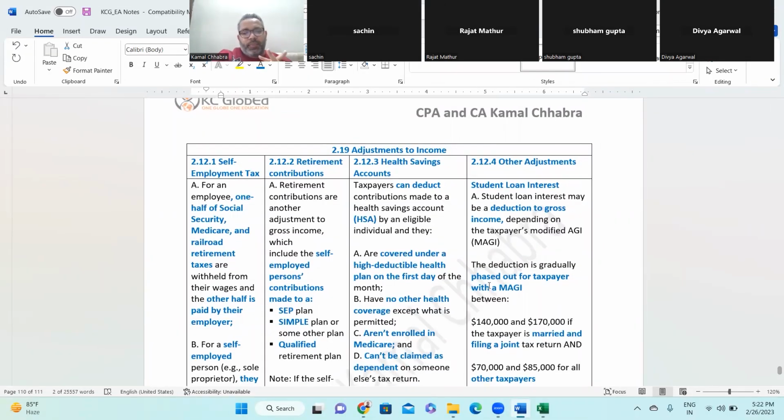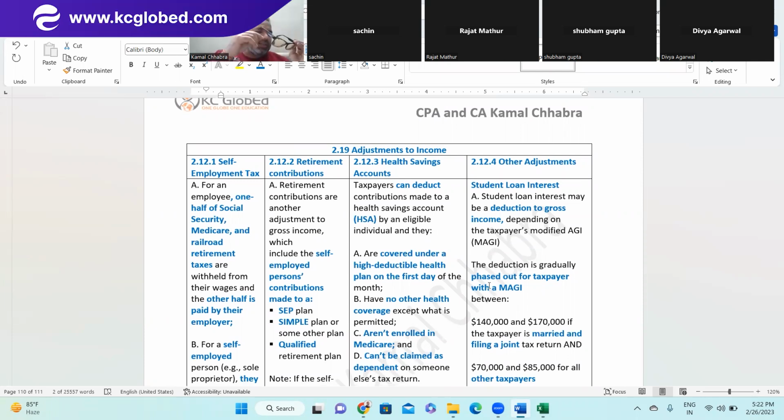First one is self-employment tax. What is self-employment tax? When you are doing your own business, like a sole proprietorship, or maybe a partnership, S corporation, LLP, or LLC, the owner is the partner or executive, the person working for himself or herself, or a practitioner like a doctor, lawyer, CPA, enrolled agent.